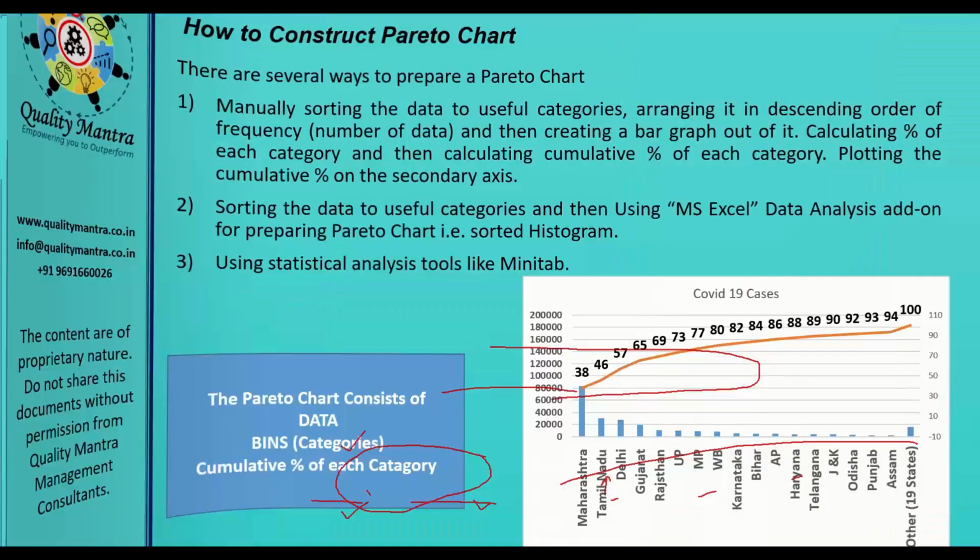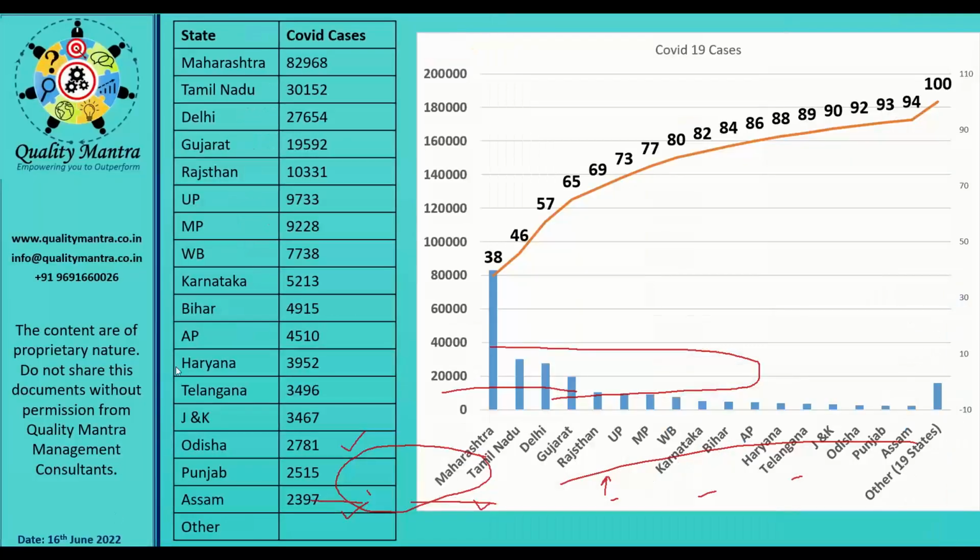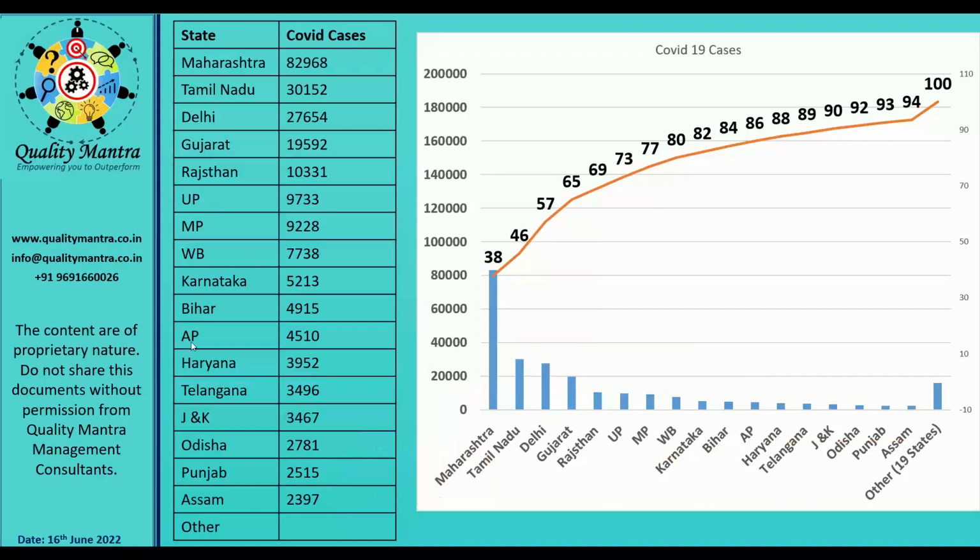Similar way, if you make it for an industrial example, just a minute. Before that, just take an example of COVID cases. When the COVID came the first time, you must have seen there were certain states where the COVID cases were more.